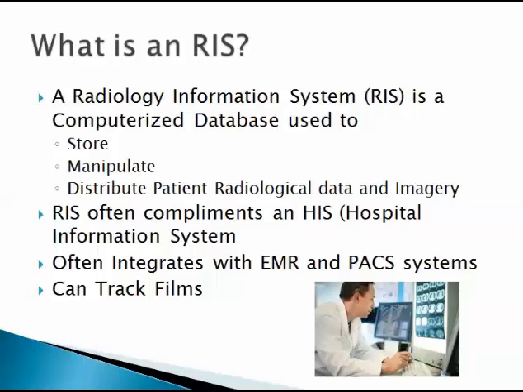It often complements an HIS, a hospital information system. An RIS integrates with an EMR, an electronic medical record, and a PACS system. Sometimes, though, when there is no PACS system, an RIS is often used to track films as well. All these systems go hand in hand.